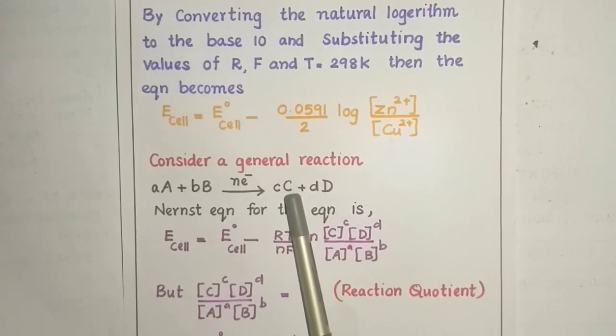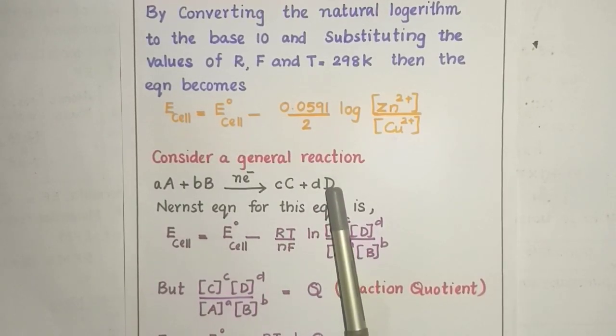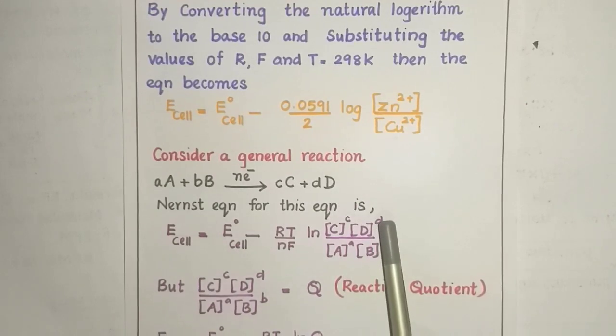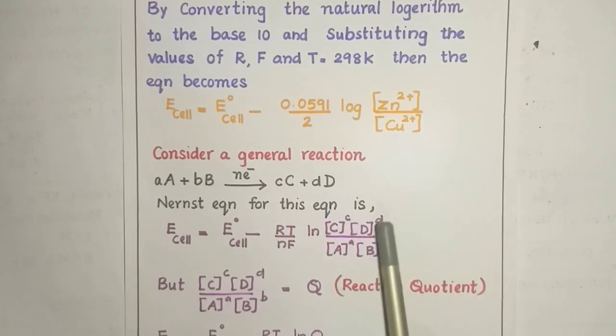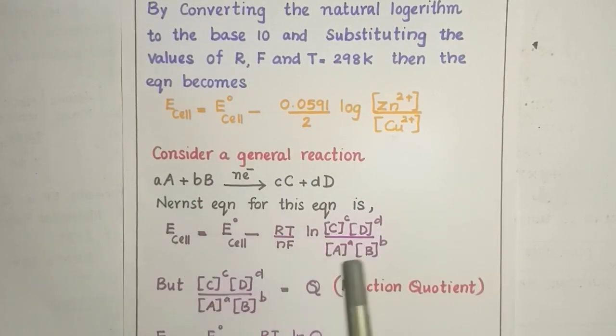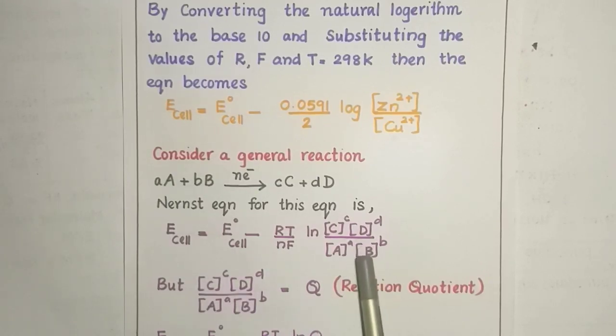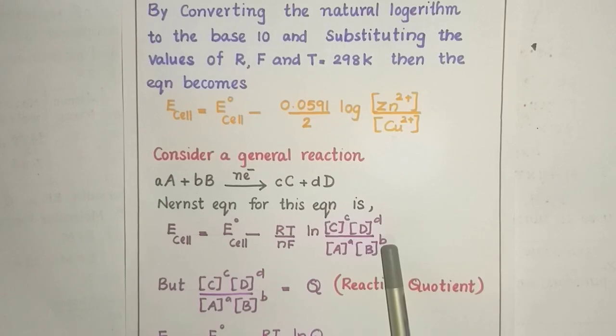Concentration of C to the power c into concentration of D to the power d, divided by concentration of A to the power a into concentration of B to the power b.